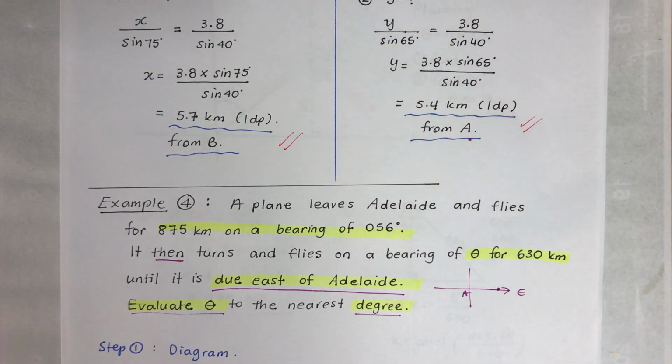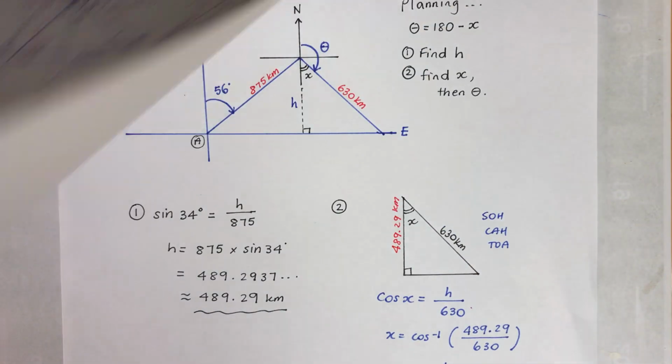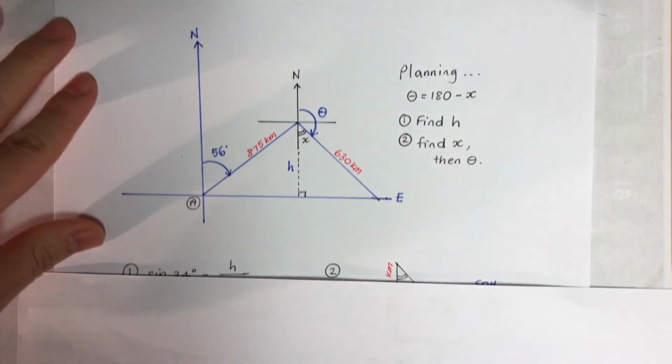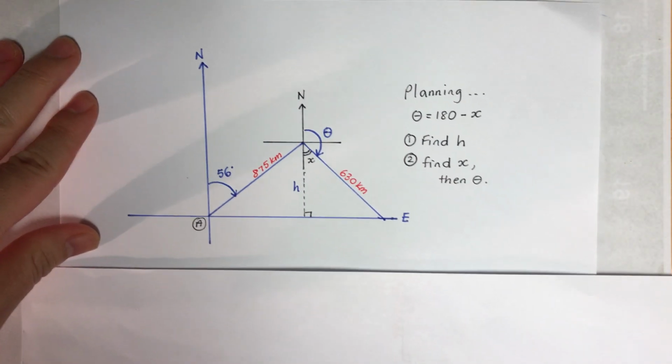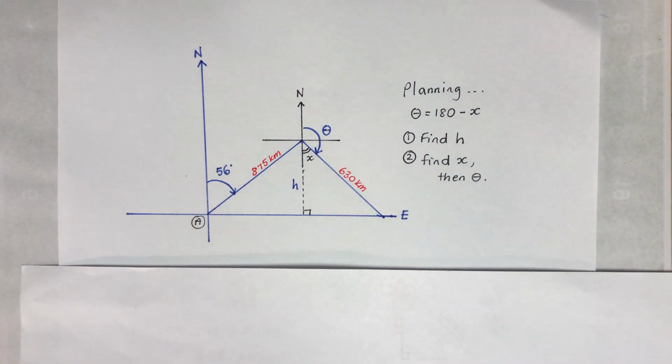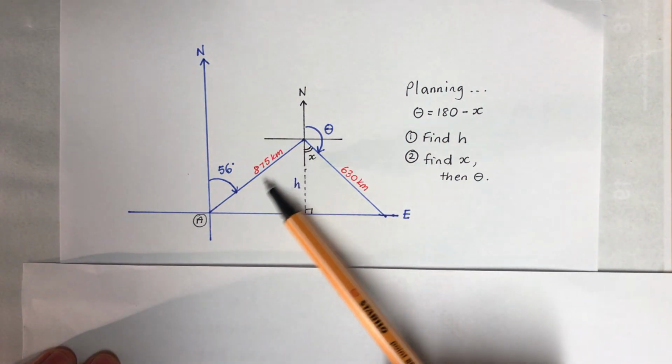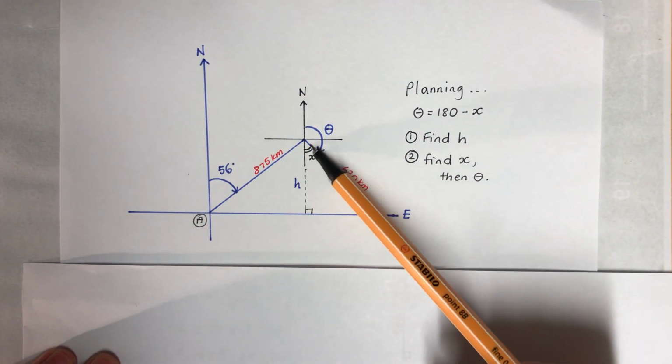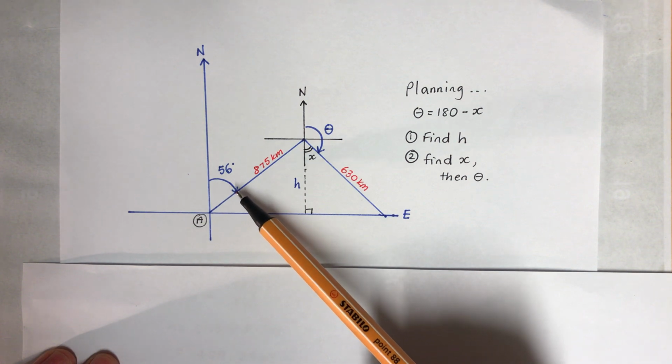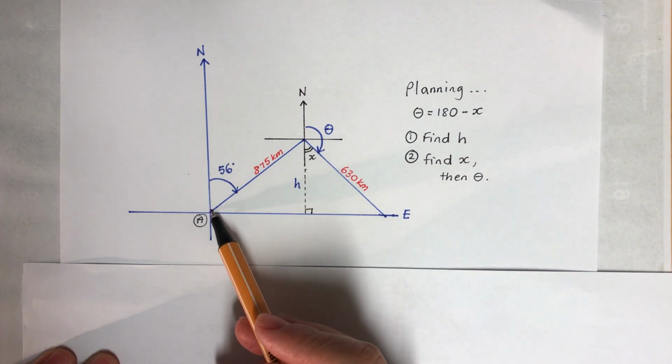Okay, so the diagram is important, as I told you before many times. So first thing you have to think about is the diagram. So let's have a look at this. So 56 degrees, Adelaide, that's my Adelaide, the starting point.